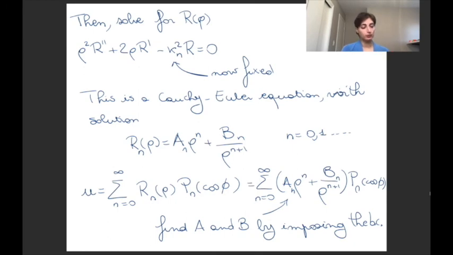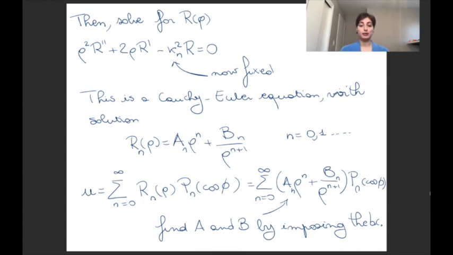So we can write u as an infinite sum of Rn times Pn computed at cos psi. We replace Rn, and we have this infinite sum of the Legendre polynomial computed at cos psi times a block that is an rho n plus bn divided by rho n plus 1.